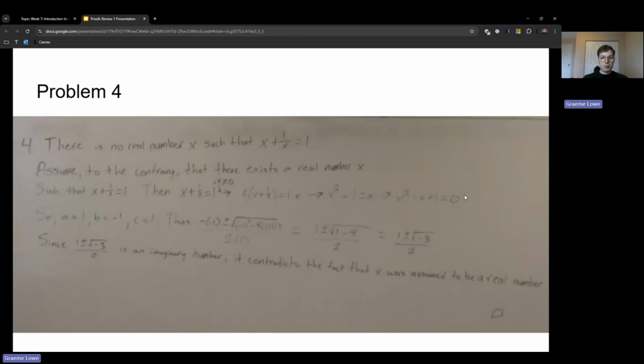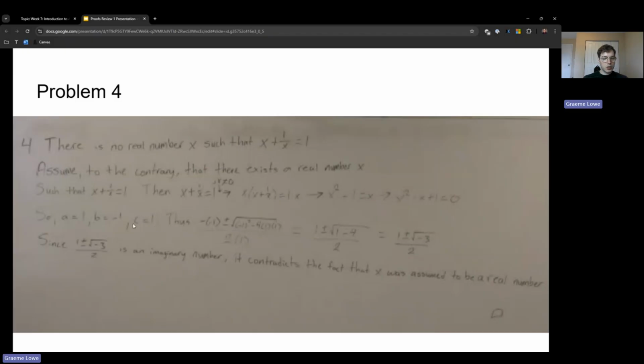Then we get the form x squared minus x plus 1 equals 0. Now, it's not exactly super clear to me how to find our zeros for this polynomial. So the proof does go on to use the negative b plus or minus the square root of b squared minus 4ac, all over 2a, to get the solutions for this.